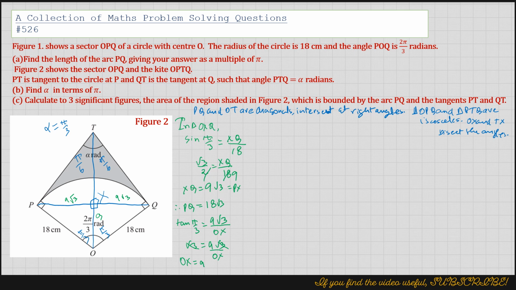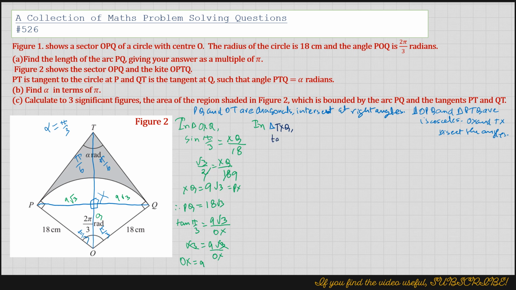And similarly for the other triangle TXQ, we can do the same thing to find TX.